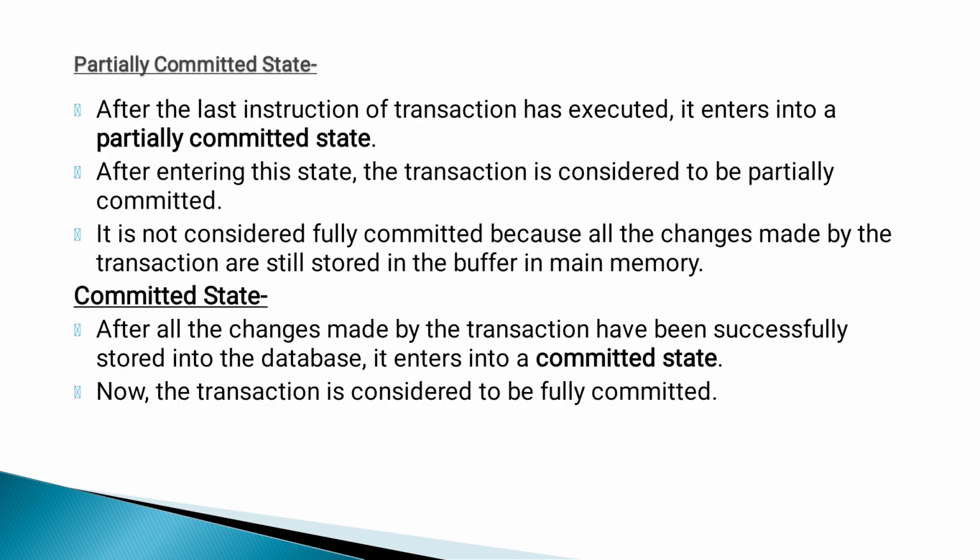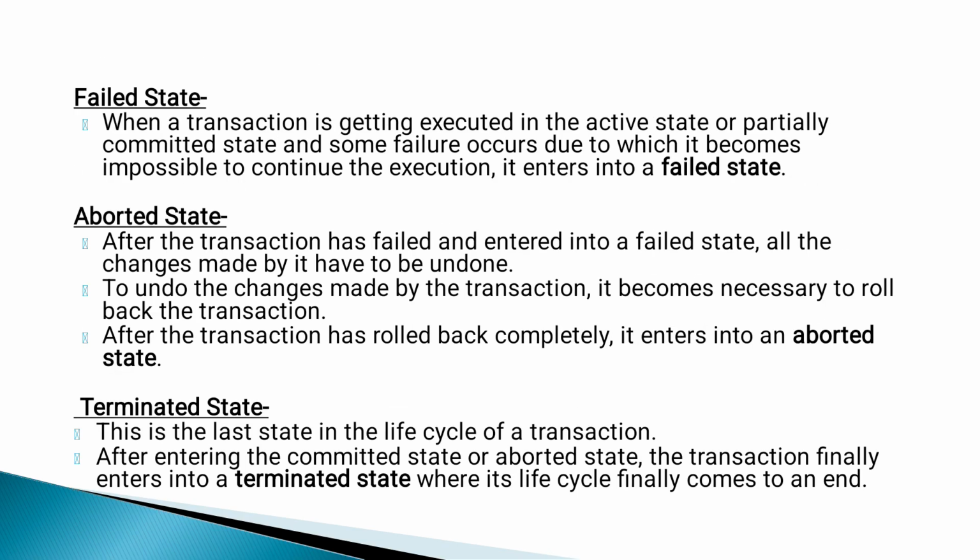After the partially committed state, it comes to the committed state. In the committed state, all the changes made by the transaction have been successfully stored in the database. Now the transaction is considered to be in the fully committed state.